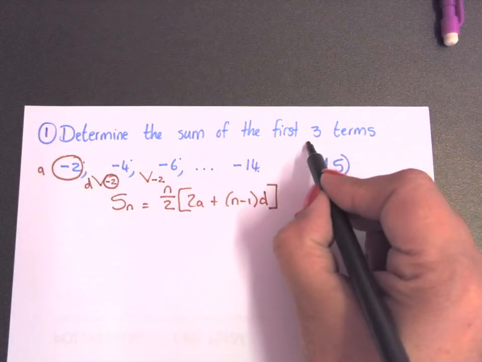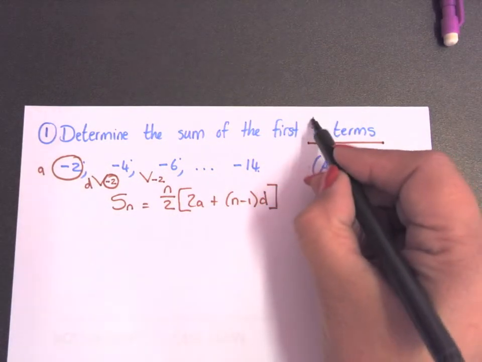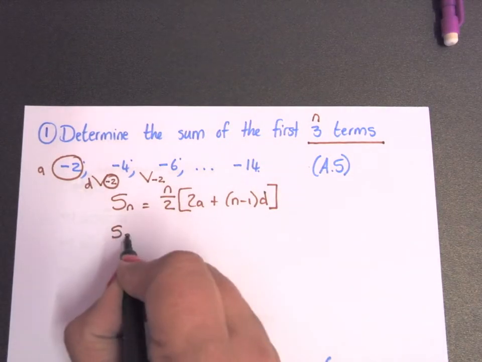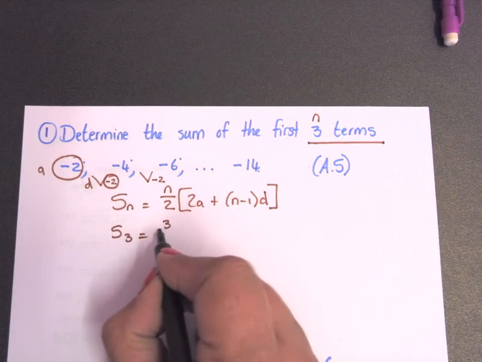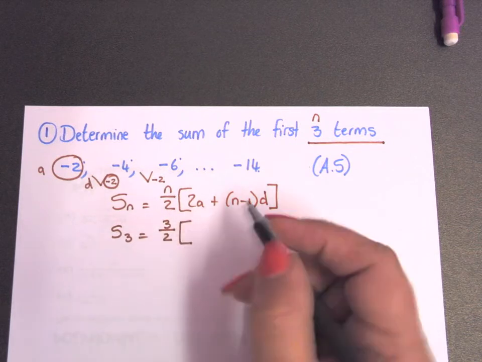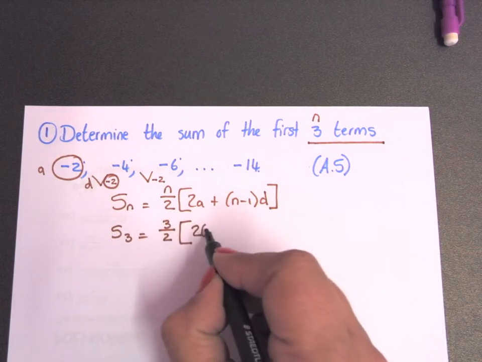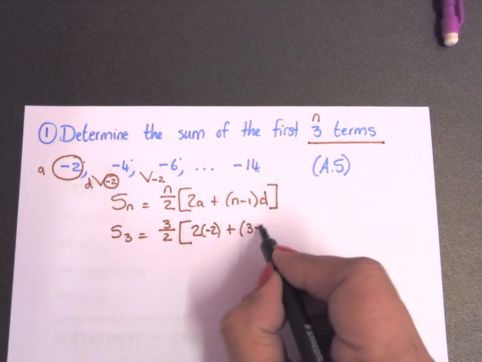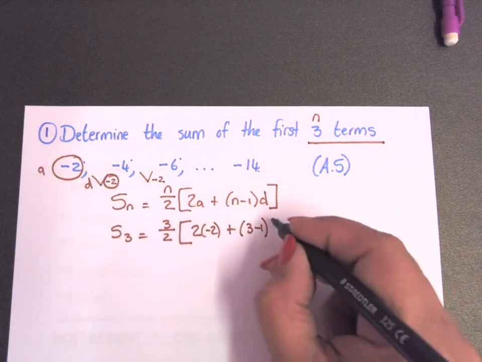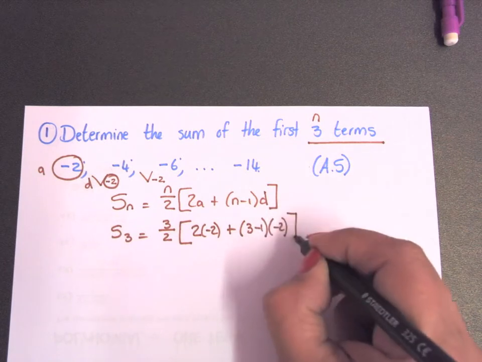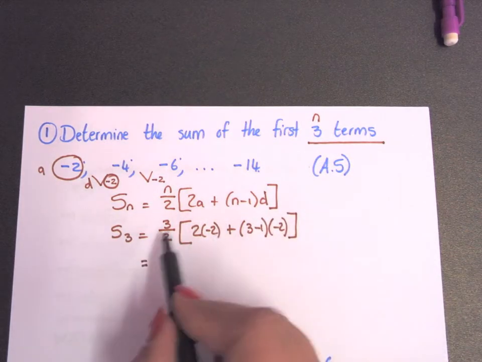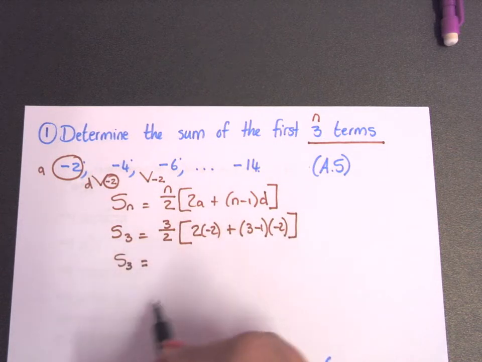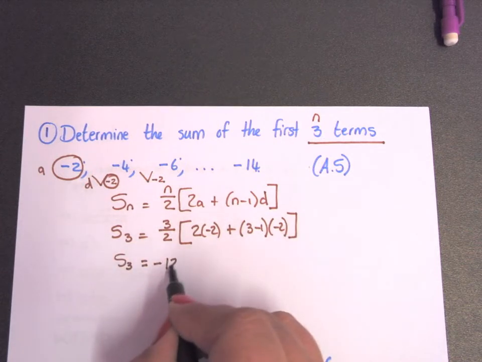We want the first three terms, so n will be 3. The sum of three terms will be 3 divided by 2 times 2 times a plus n is 3 minus 1, d is negative 2. If you type that into your calculator, you will see that the sum of the first three terms will be negative 12.